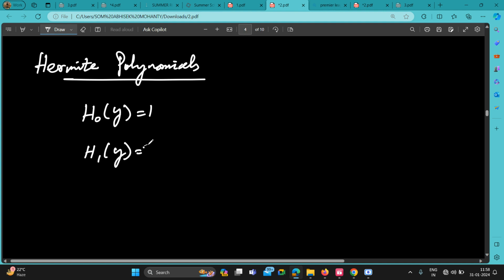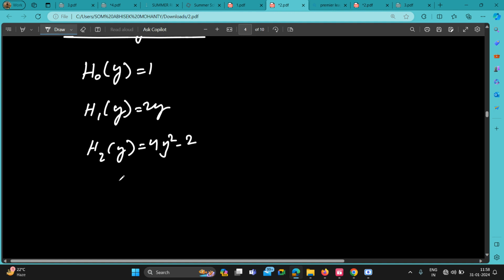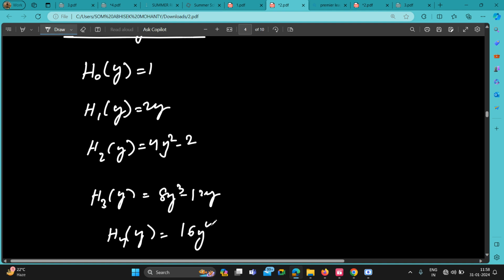H1(y) is equal to 2y. H2(y) is equal to 4y square minus 2. H3(y) is equal to 8y cube minus 12y. H4(y) is equal to 16y fourth minus 48y square plus 12. These are some Hermite polynomials. Just write them.